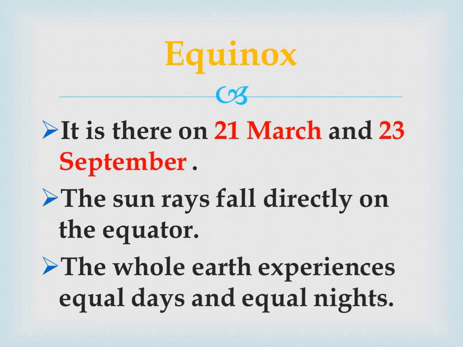The sun rays fall directly on the equator in these positions, and that's why the whole earth experiences equal days and equal nights. Here in this position, no pole is tilted towards the sun. The direct rays fall on the equator. That's why in both hemispheres equal days and equal nights are there. That's why this position is the equinox position.